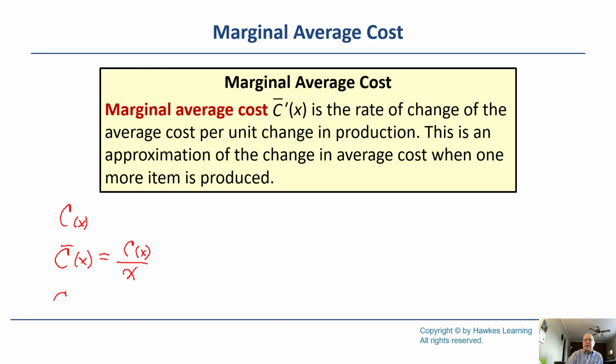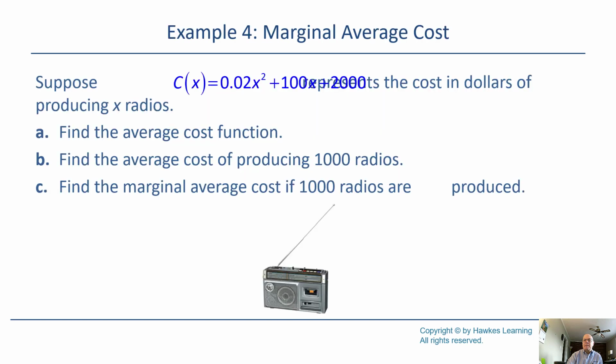And then you take the derivative of that average cost function. Got that? That's the change in average cost when one more item is produced. In a lot of cases, if you think about this, the more you produce, the lower the average cost will be. Not necessarily, but in general, that's typically the case.